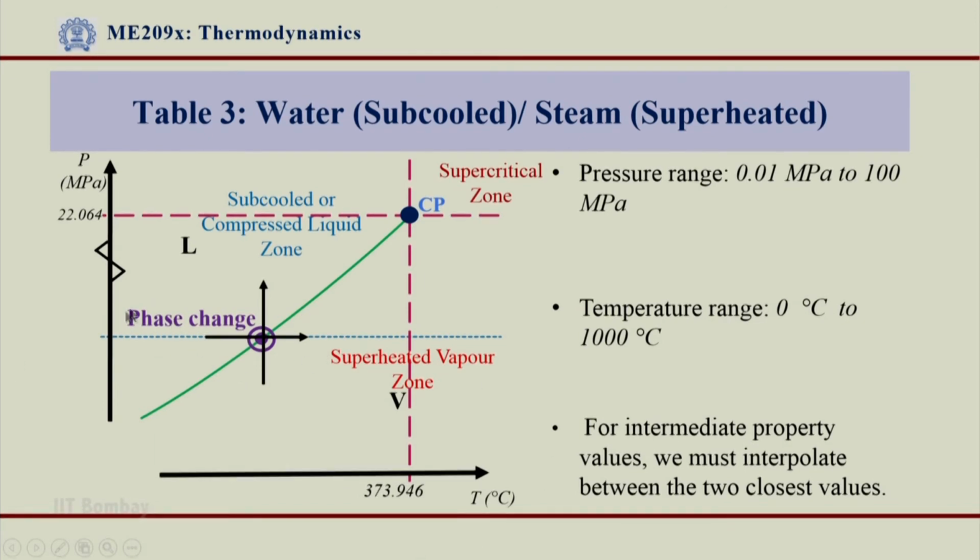So if I am from subcooled region, if I went on increasing the temperature, I will get a phase change, or if I am in a superheated vapor zone, if I go on increasing the pressure, I will come across a phase change, and this will happen when the temperature is less than critical temperature, alright. Superheated vapor zone, when the temperature of the state is less than critical temperature.